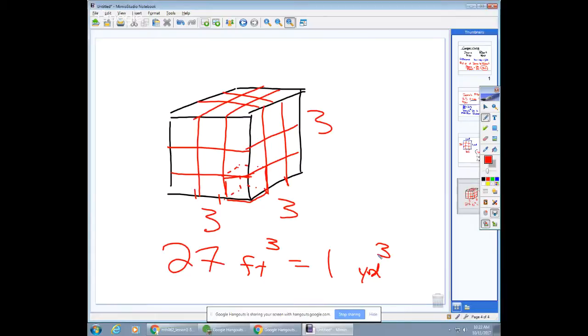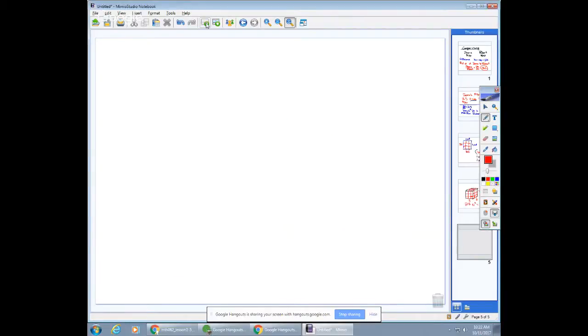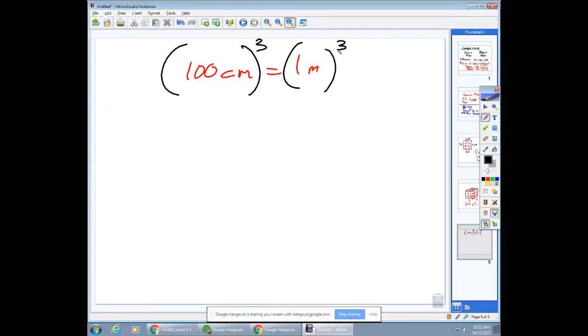So if I want to talk about a cubic meter, how many cubic centimeters are in a cubic meter? Well, I know that there are 100 centimeters in 1 meter. If I want to jump into 3 dimensions, I've got to cube everything. So I've got to take 100 times 100 times 100, which is a 1 with 2 zeros appearing 3 times.